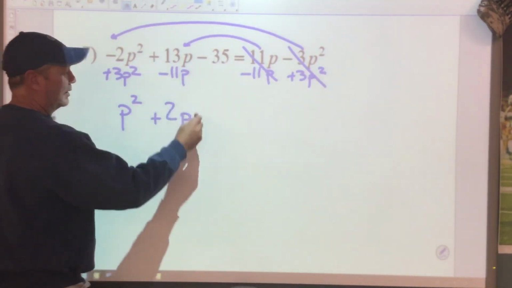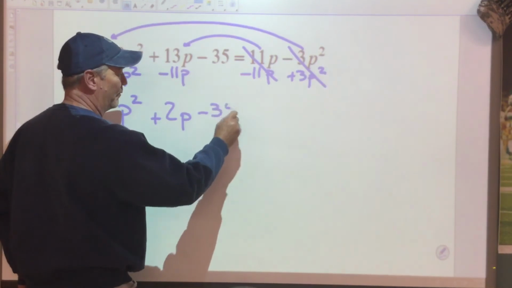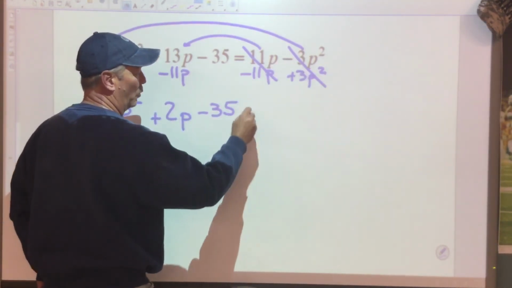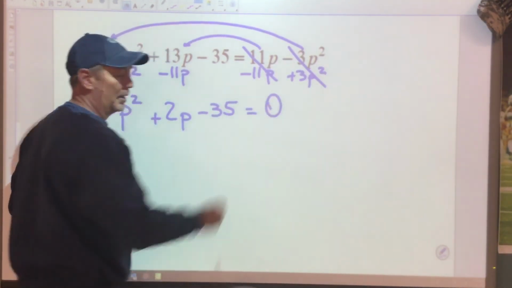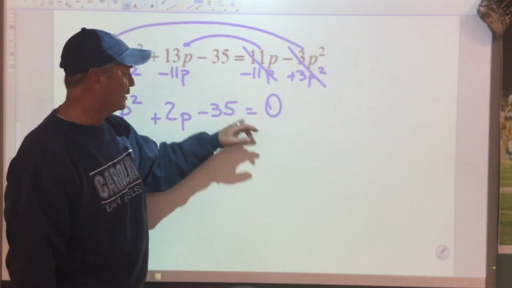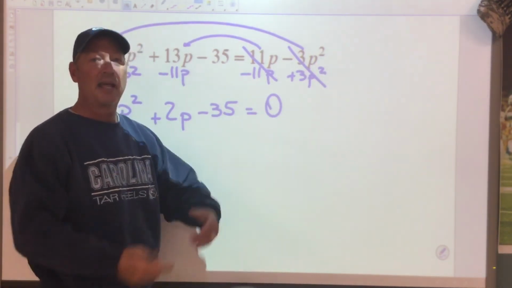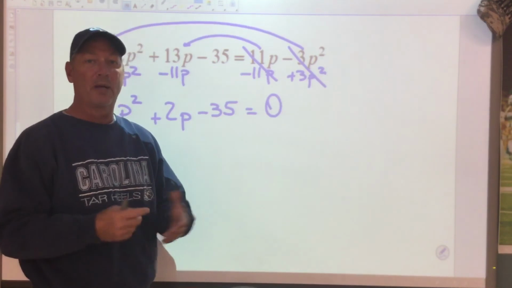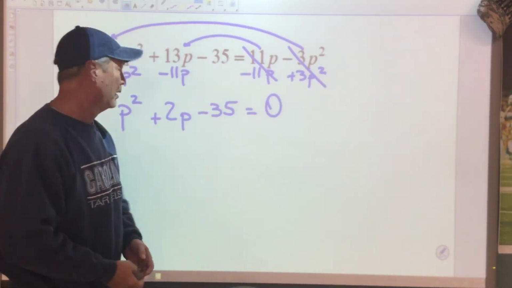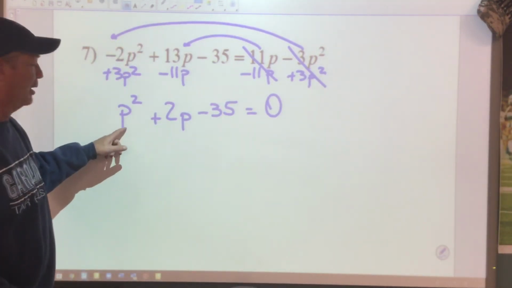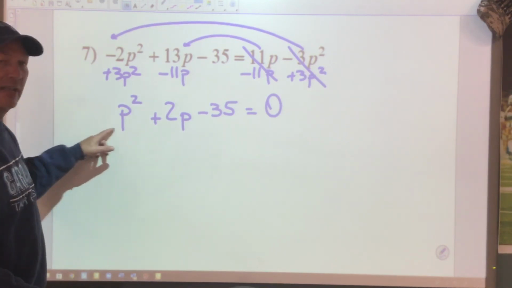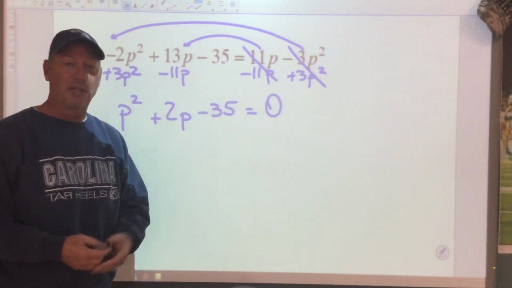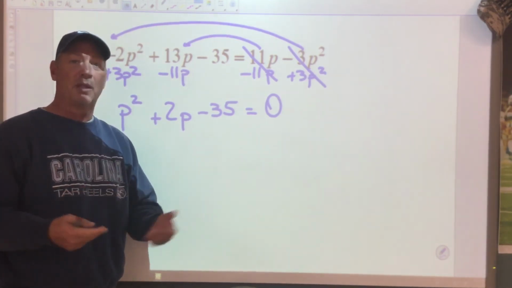All I'm left with is a minus 35, but these canceling will leave me a 0. Now I'm happy because now we're equal to 0. Now it's like our normal problem. We're ready to factor. This is not going to be bad because my a value is that invisible 1. So this is the kind of problem we like to factor.